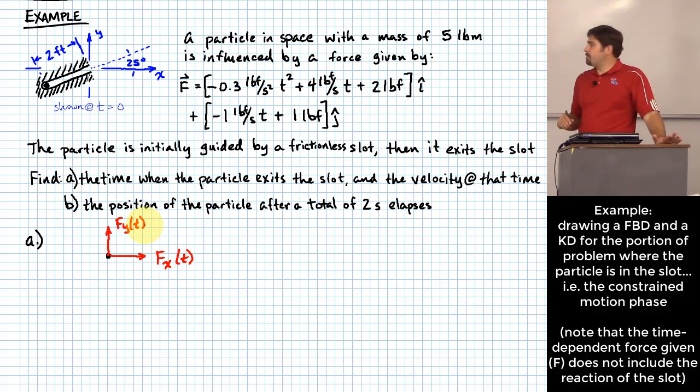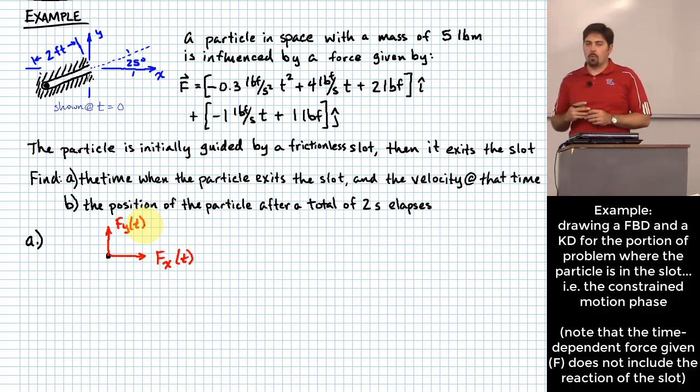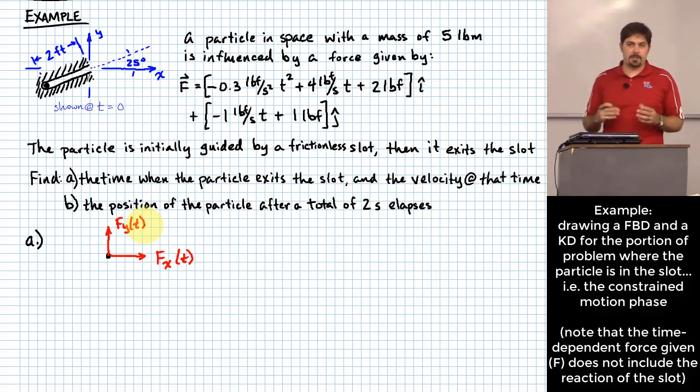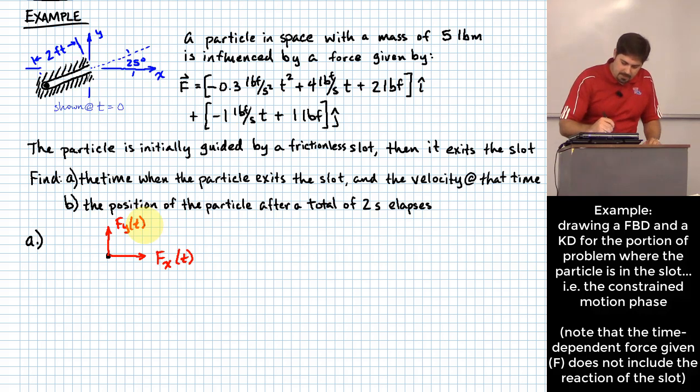But what other things happen when you're in the first phase of this problem while you're still in the slot? What other kind of force can be applied to the particle while it's in the slot if it's frictionless? Okay, if it's frictionless, the only other component of force that you can have would be some sort of a normal component to the slot.